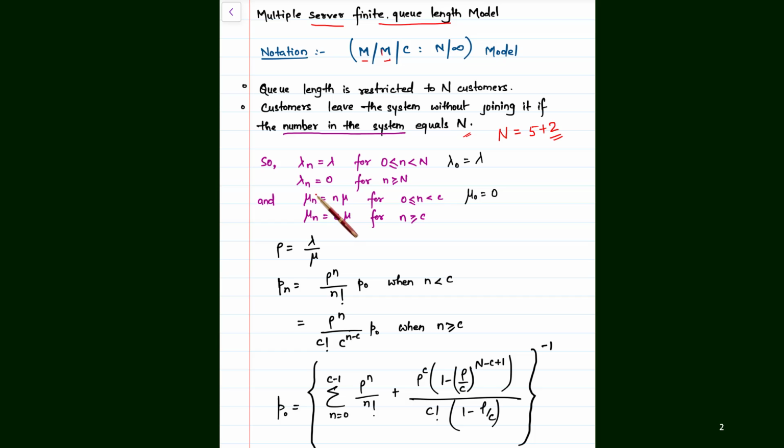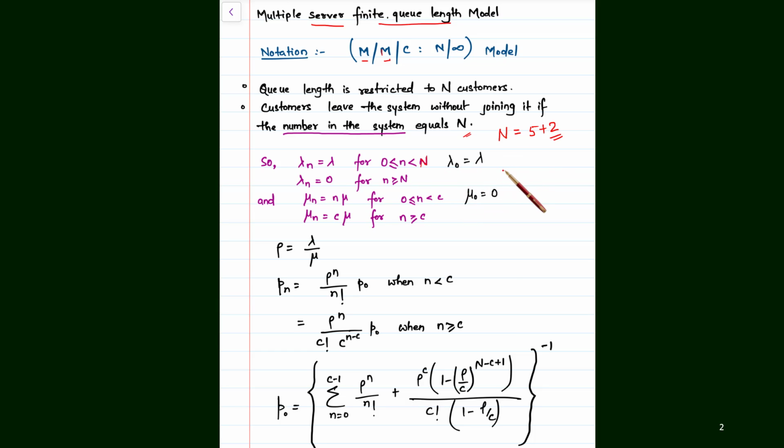Okay. Now here there are some terms like lambda n and mu n. We have already discussed in the single server finite queue length model what lambda n and mu n are. Lambda n means when there are n customers, small n, in the system. Lambda n will be equal to lambda when n is between 0 and capital N. Are you getting what I am saying?